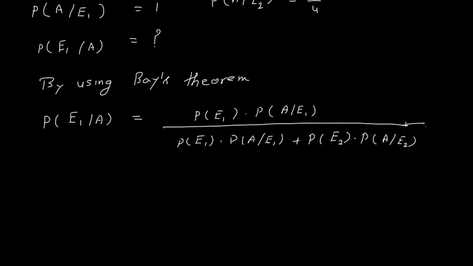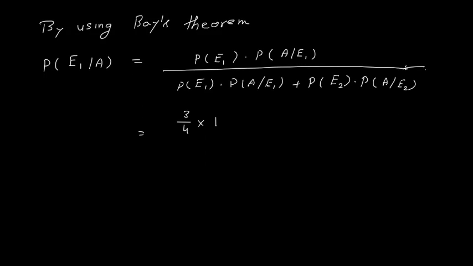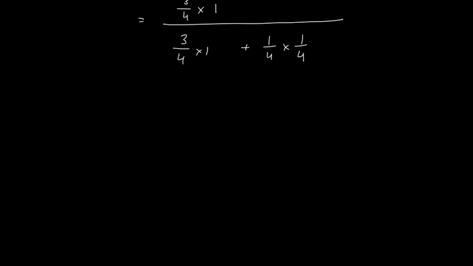Now here we know probability of E1 as 3 by 4. So let us put the value. It is 3 divided by 4 and this is 1, because when he knows the answer, then probability of getting correct answer is 1. Divided by 3 divided by 4 into 1 plus 1 divided by 4 into 1 divided by 4. So this is equal to 3 divided by 4 upon 3 divided by 4 plus 1 divided by 16.